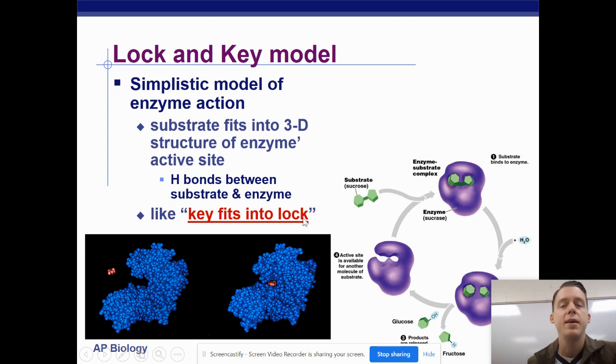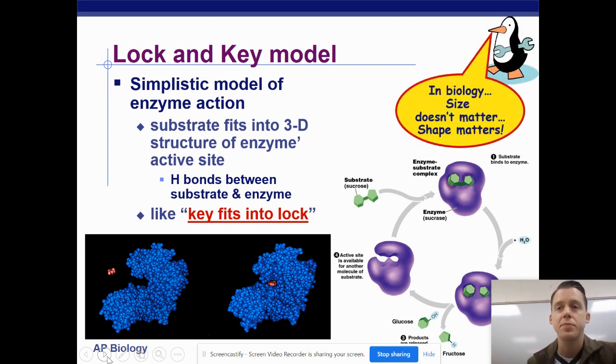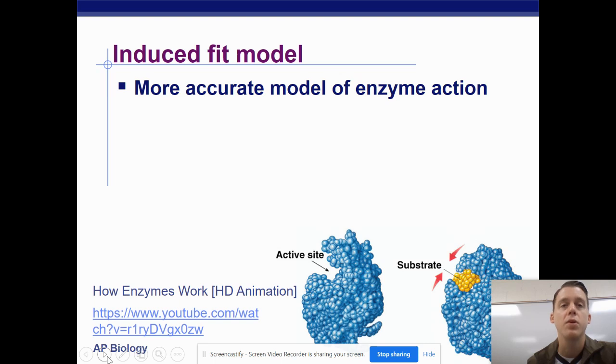And we see that in the picture. We just see that the substrate fits right into the active site, just like you would put a key into a lock. It's very, very simple. It's specific, and there's that correct hydrogen bonding already present. So shape is what's important there.